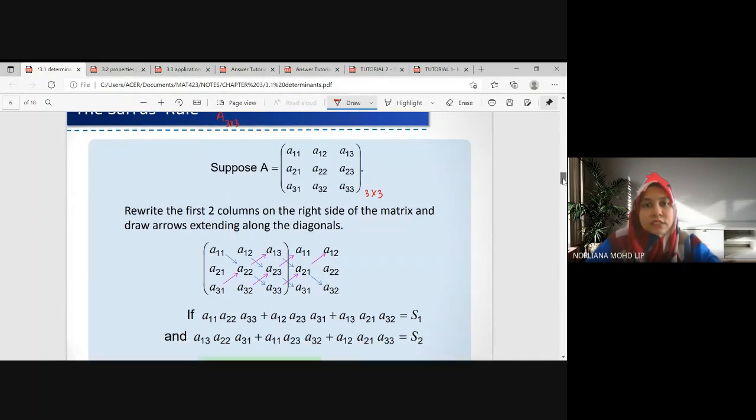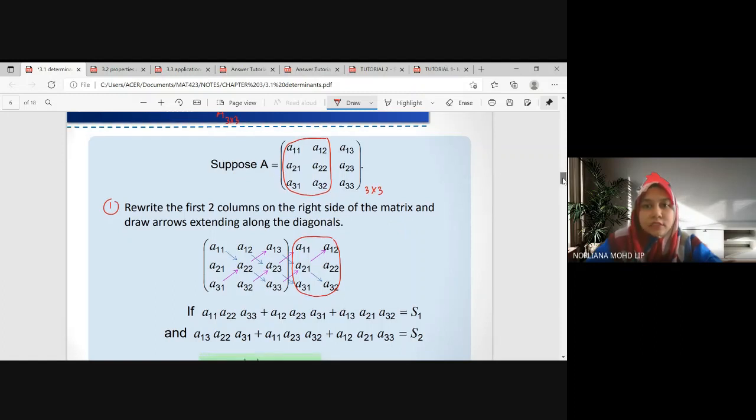First step, you have to rewrite the first 2 columns on the right-hand side of the matrix, and draw arrows extending along the diagonals of the matrix.